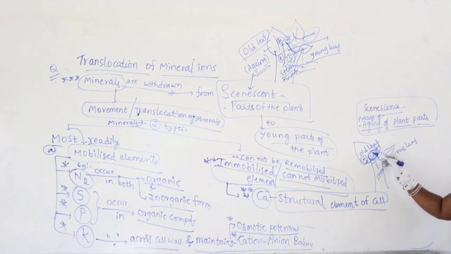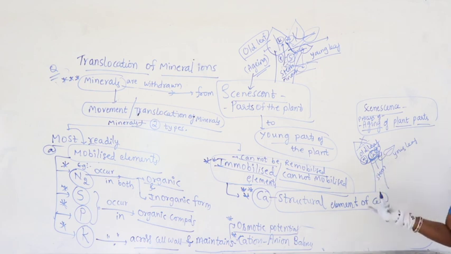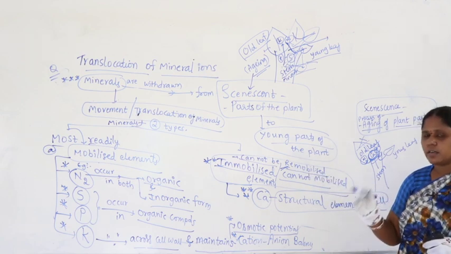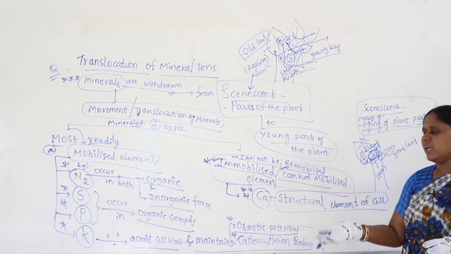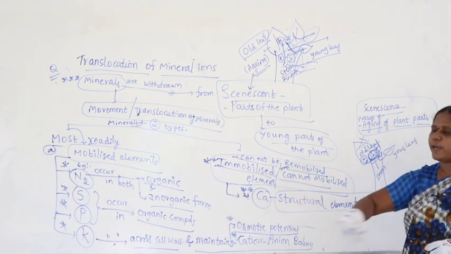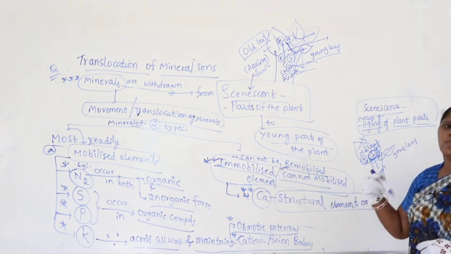Once it is absorbed, it cannot be remobilized, it stays there only. Remobilized meaning it cannot go to any other place, it does not relocate. It is immobilized, it will not move at all, it cannot be mobilized.